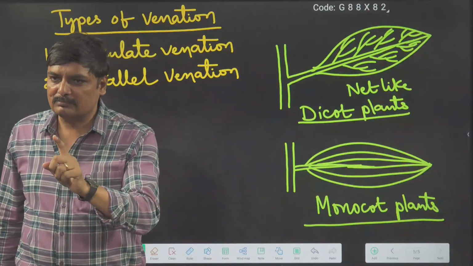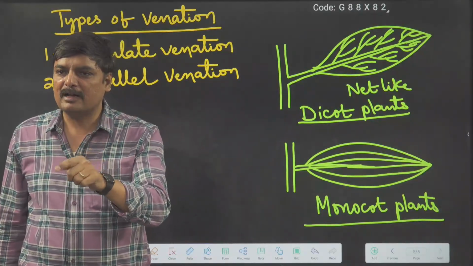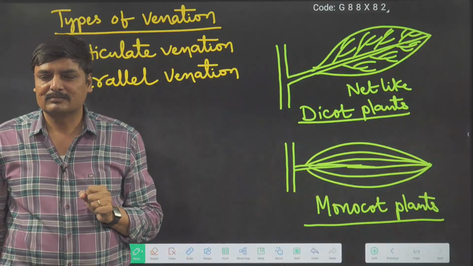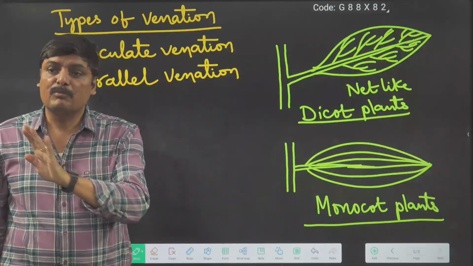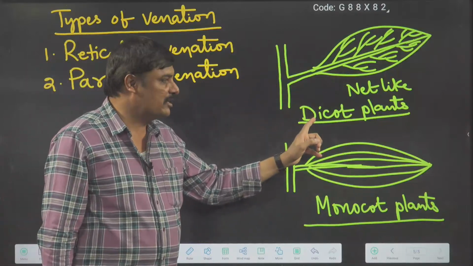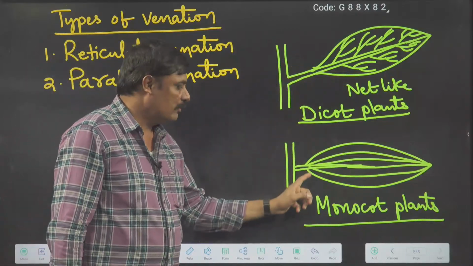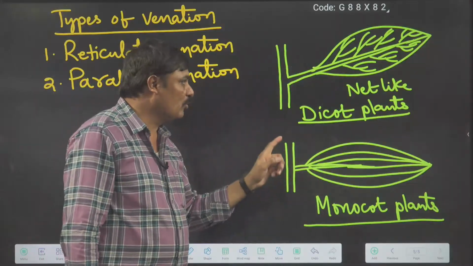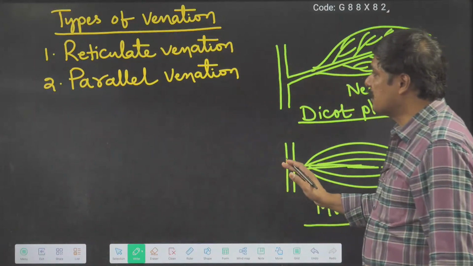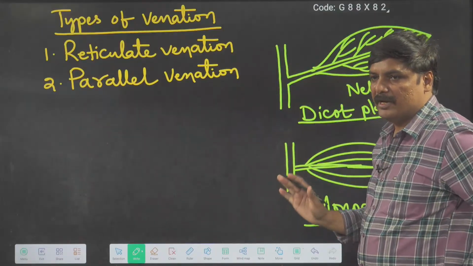Calophyllum is a dicot plant, but it shows parallel venation. There are exceptions, but commonly, reticulate venation is seen in most dicots. Parallel venation is seen in most monocots. So this is about venation. I repeat once again.